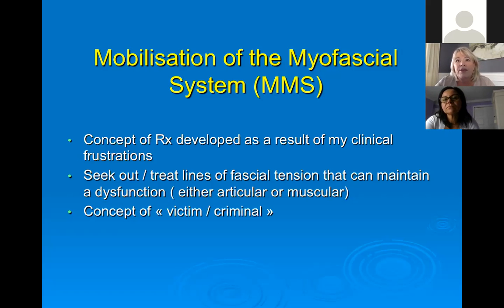For example, if a woman has had a C-section, the cesarean section scar can actually have good mobility, but in relation to the anterior aspect of the neck, it's almost like there's a short cord between them, and there's some tension there that can be a factor that maintains the pull of the C-spine forwards. And so in this case, the victim would be the neck, and the criminal would be the C-section scar.